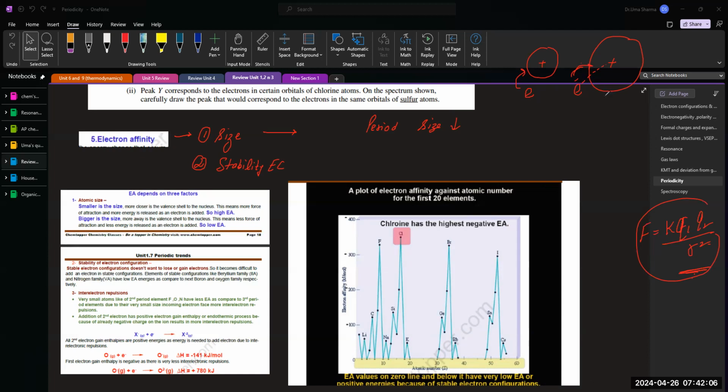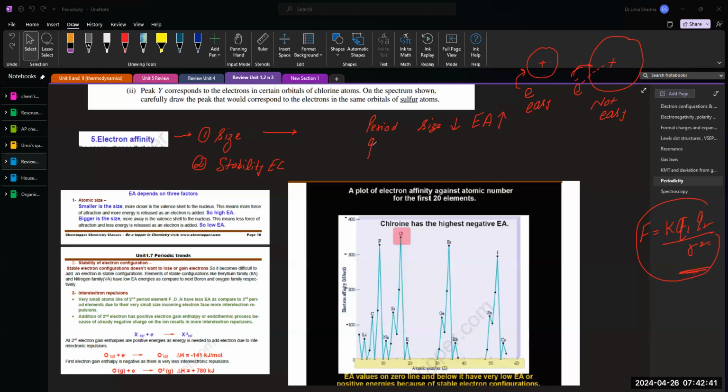Okay, so in this case, it's difficult to gain an electron. Not easy, right? So which element has higher electron affinity? The smaller one. Here, more attraction, easy. So electron affinity across the period increases or decreases? I'm talking about exothermic across the period. Adding first electron. It increases, yes.